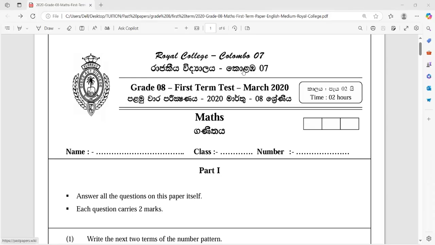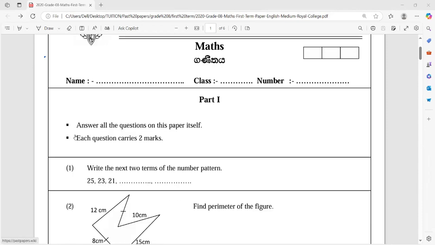Dear students, today we are going to discuss this paper, which is the grade 8 first term test maths 2020 paper from Royal College, Colombo 7. So this is going to be a good support for your term test, and I am preparing this with the purpose of helping you get maximum marks for your upcoming term test, and also this will prepare you better.